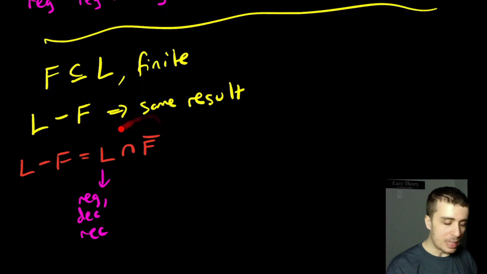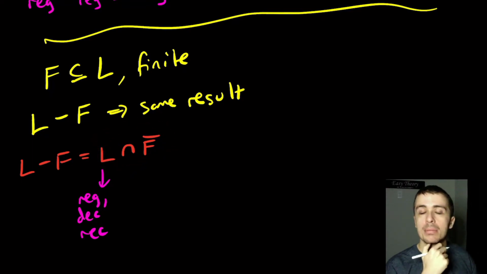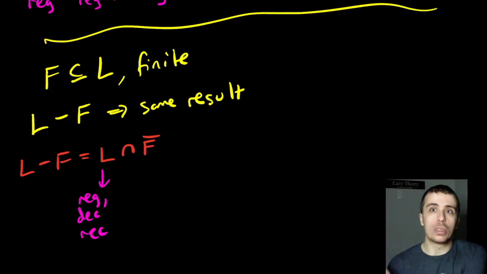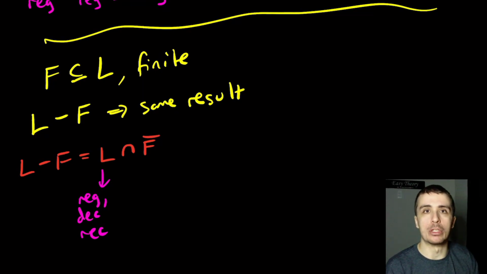So that this is context-free in that case. So that's actually pretty interesting in that no matter what language you have, whether it's infinite, finite, whatever properties it had, you can add a finite number of strings or take away a finite number of strings, and the language that you get from it will still have the same property that the original one did.